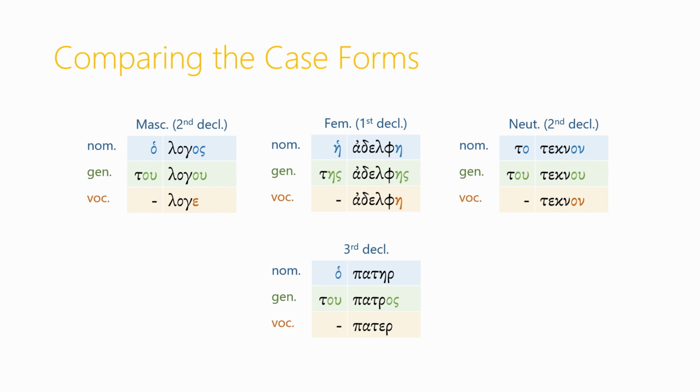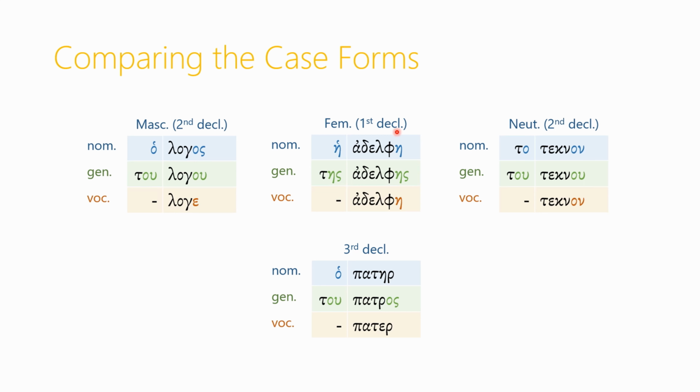Let's compare the case forms then for the cases that we've already learned. In masculine second declension nouns, we have ho logos, then the genitive tou logou, and the vocative loge.